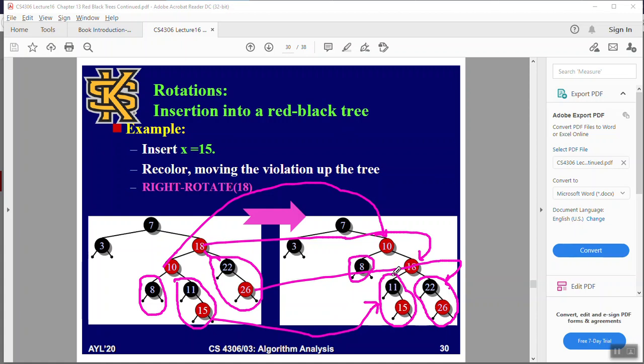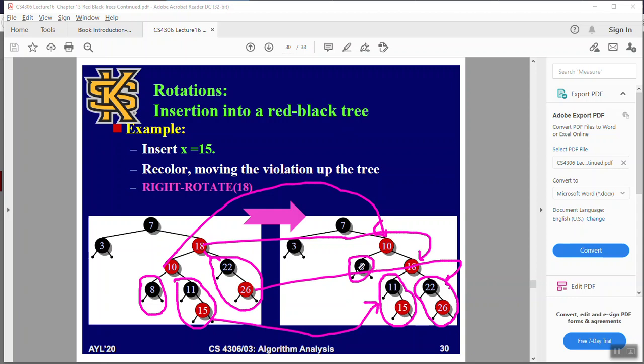is it self-balanced, is it a red-black tree? Not yet, right? You see that there is a violation over here. We saw that one of the properties is that if a node is red, then both of its children must be black, right?